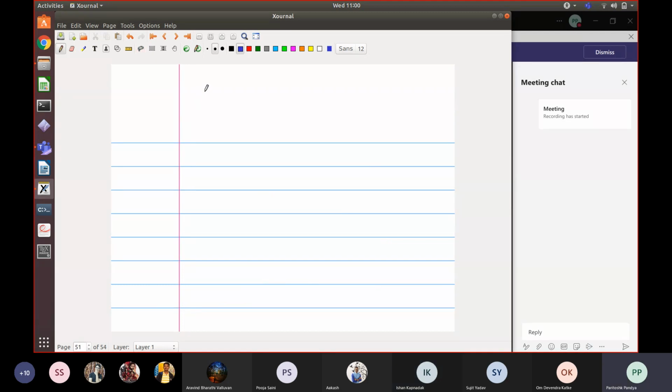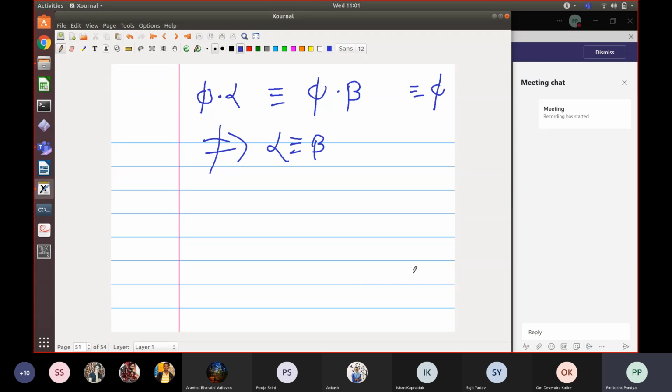Ishan, take the regular expression phi dot alpha. This will always be equal to phi dot beta for any alpha and beta, because the empty set catenated with anything will give you the empty set. This will in fact be equal to phi. This will hold for any alpha and beta, but it does not imply that alpha is equivalent to beta.